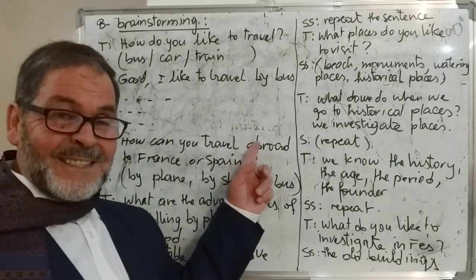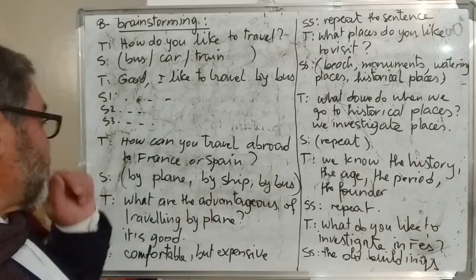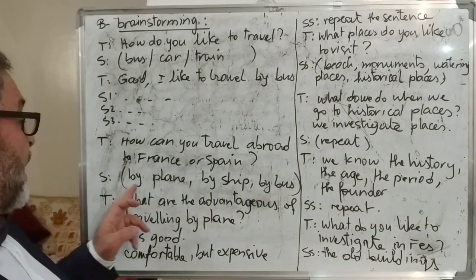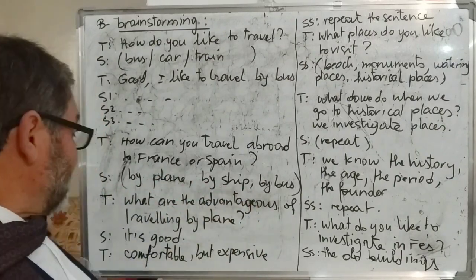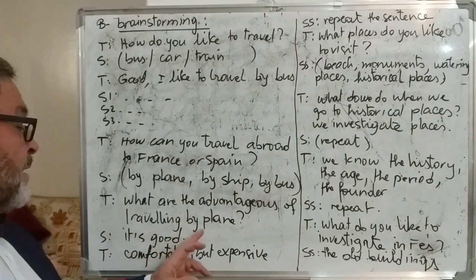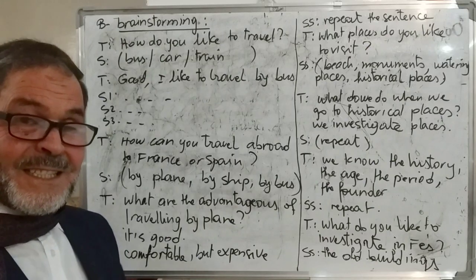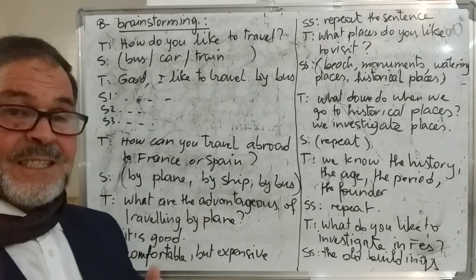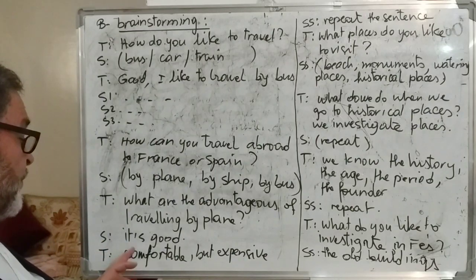So they understand abroad by giving the words France, Spain, England, and so on. So students: by plane, by ship, by bus. Teacher: What are the advantages of traveling by plane? Why is traveling by plane good? We can give the elicitation of the word if they don't understand it. Okay, students, it's good.